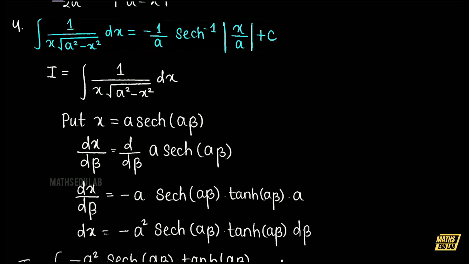Since it is given in the sec hyperbolic inverse, I have taken the x value as a sec hyperbolic beta, any kind of variable. Then I have differentiated with respect to beta, so dx upon d beta is equal to d upon d beta of a sec hyperbolic beta.